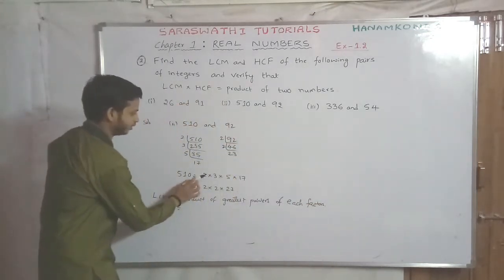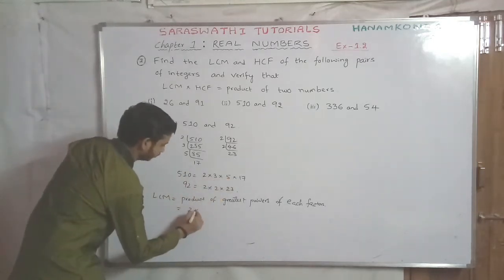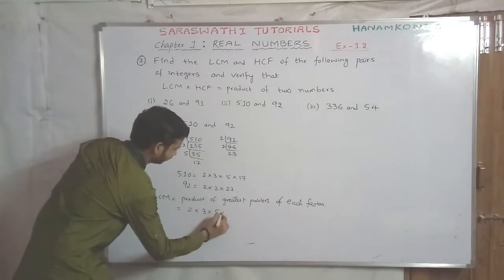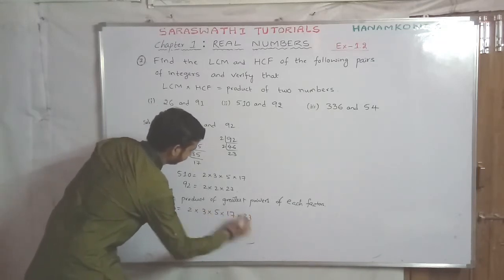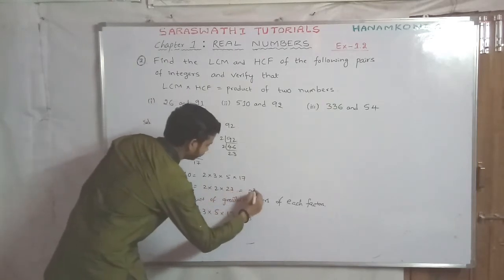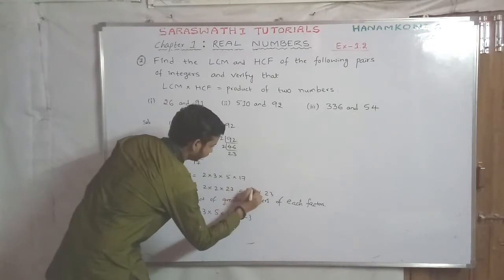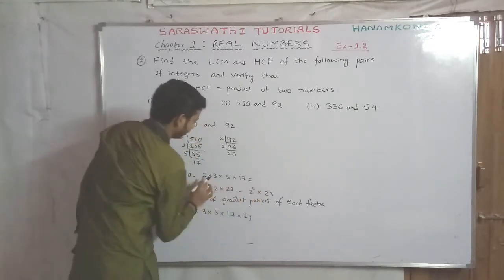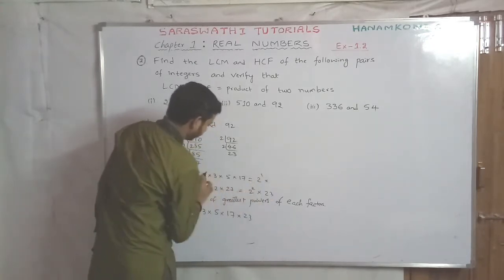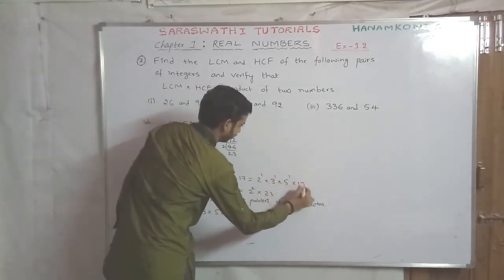So here the factors are 2, 3, 5, 17, and 23. Here 2 into 2 can be written as 2 square into 23, so 2 power 2 into 23. Similarly, the other number can be written as 2 power 1 into 3 power 1 into 5 power 1 into 17 power 1.